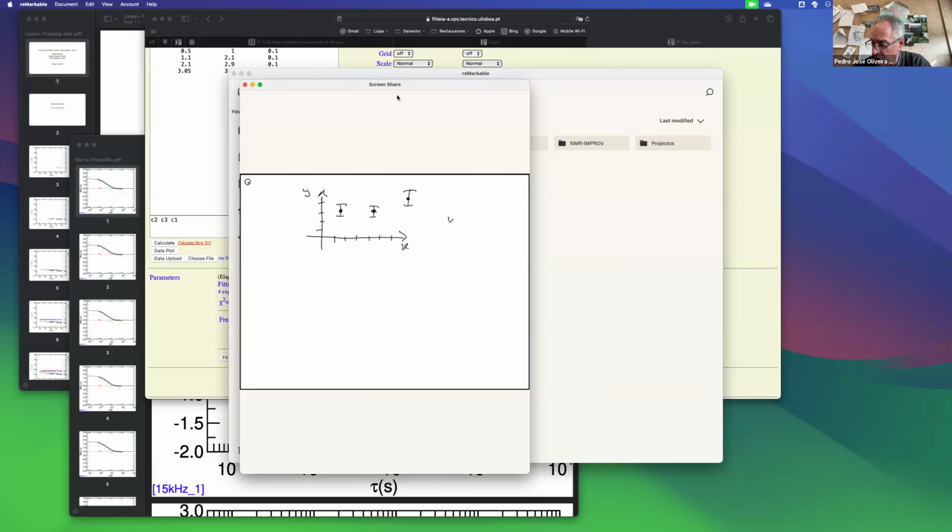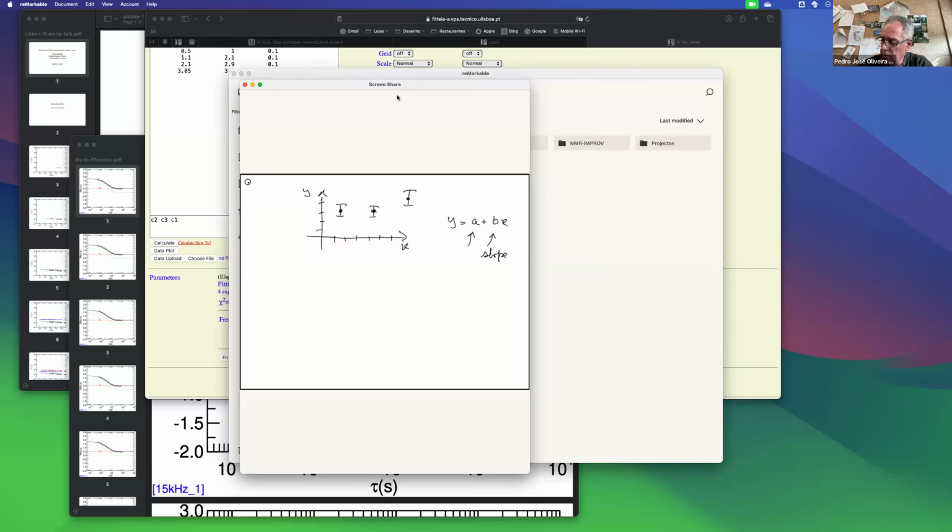If I imagine one of the most simple expressions possible, a straight line, a plus bx, this means actually finding the value of a, which is the value at origin, and b, which is the slope.